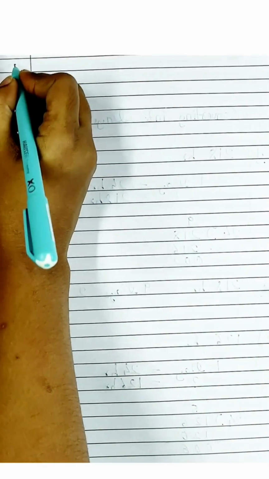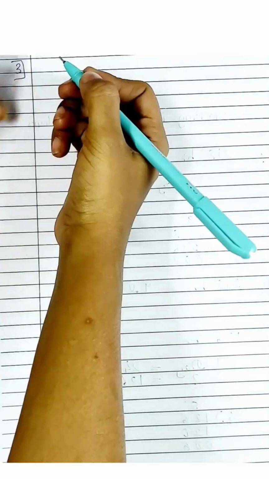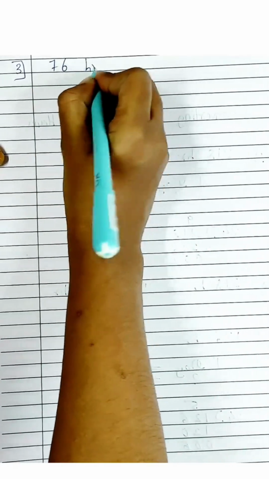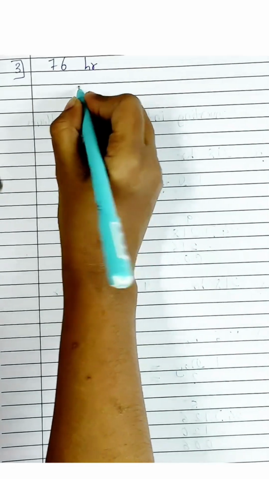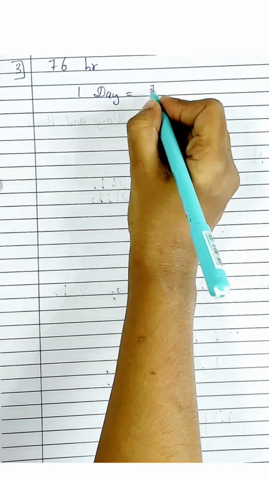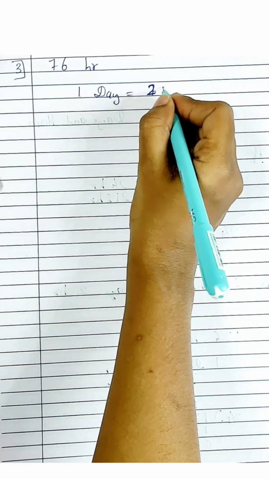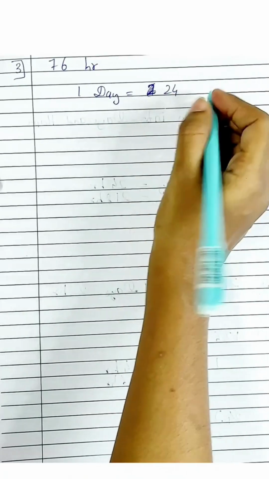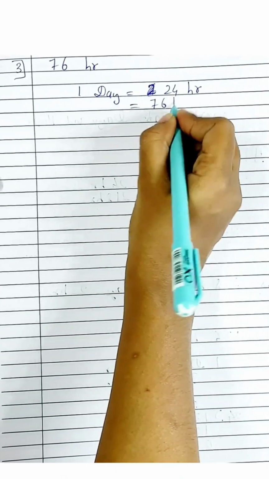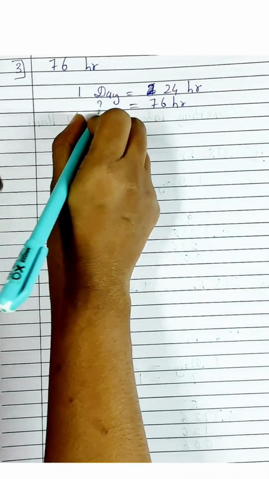Now let us do one more example. 76 hours. So we know that in one day there are 24 hours. So in 76 hours there are how many days?